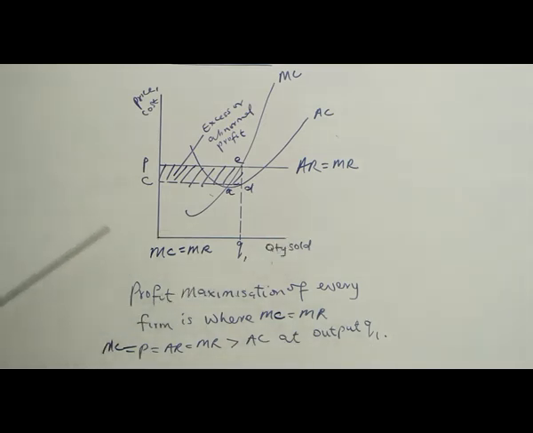Let's come back to the diagram again. You can see our price here to be equal to MC and MR as well as AR, but they are greater than cost per unit that we have to be what?